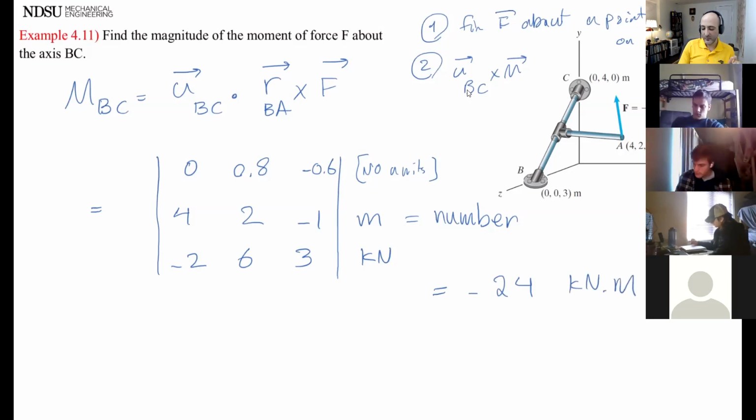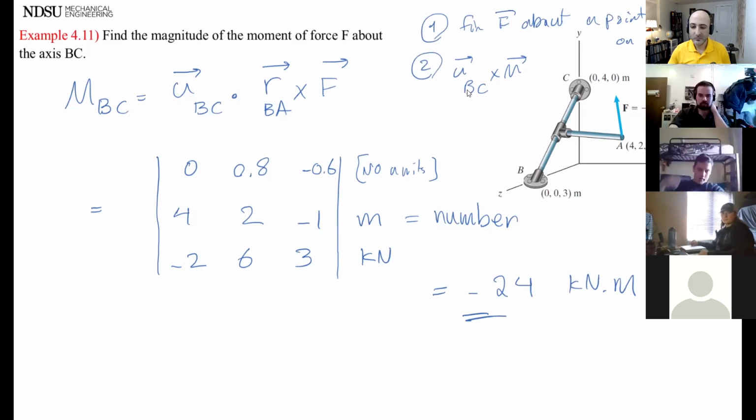So, what does that negative mean? It's the direction. Direction of what? The moment of force about the axis. It's opposite of... Opposite of what?